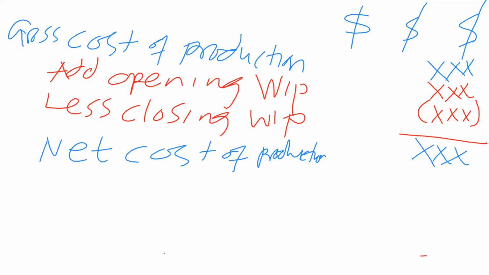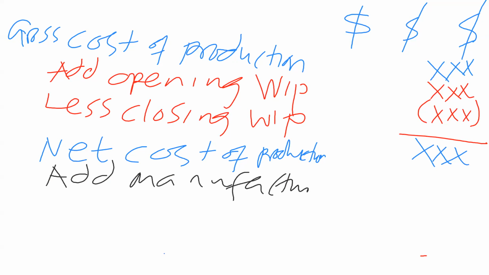If you're given the information that they will add some manufacturing profit, like they will add some profit margin, then you have to add the profit here. You add the manufacturing profit.